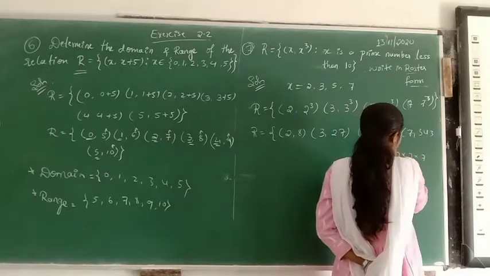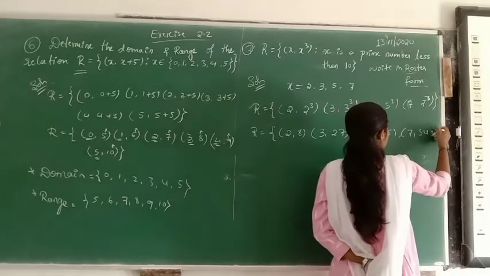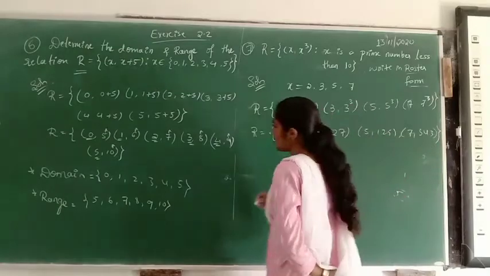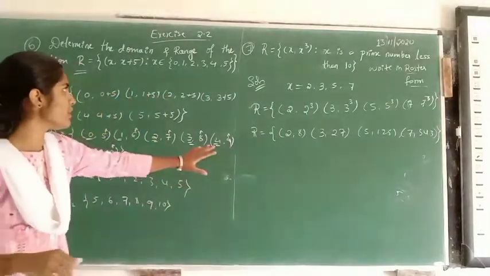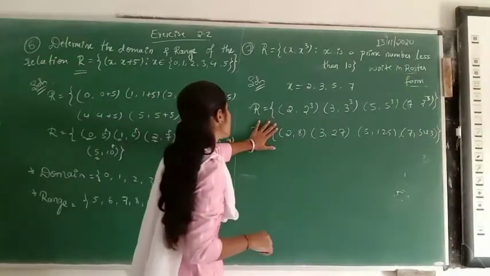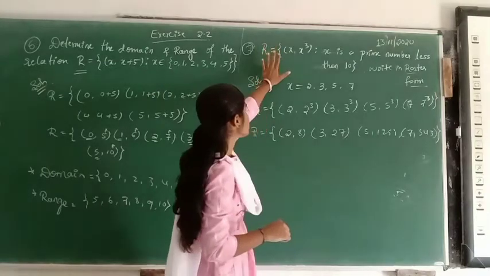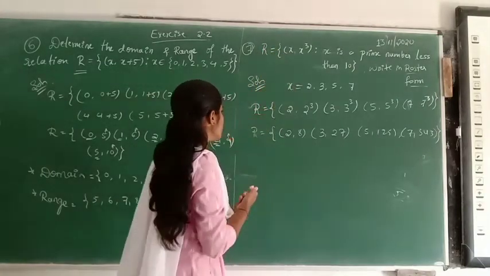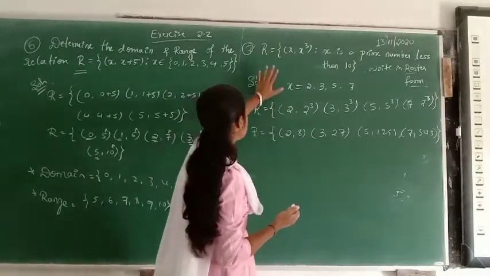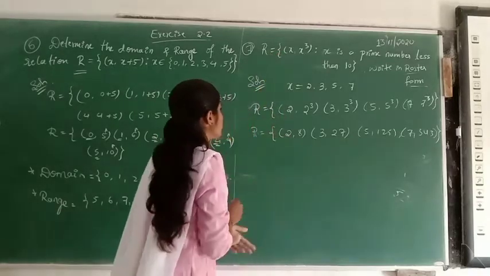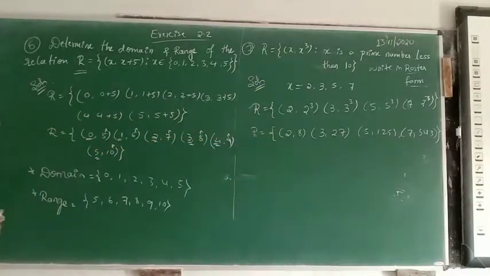You can check. This is the roster method for this given relation, which was given in set builder form. So this is how we will solve it. So let's see the next problem.